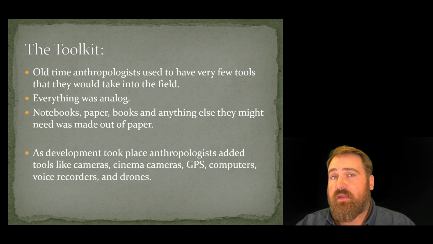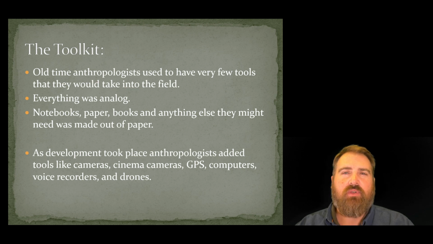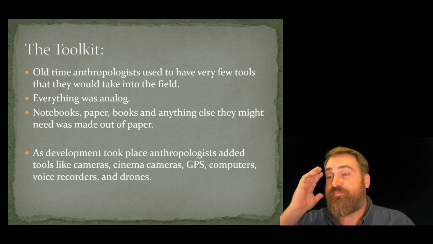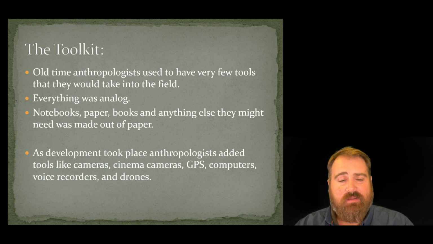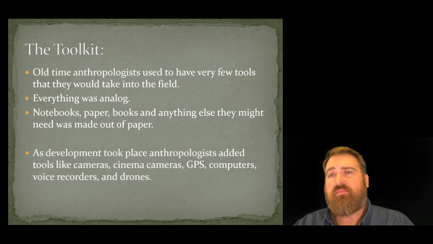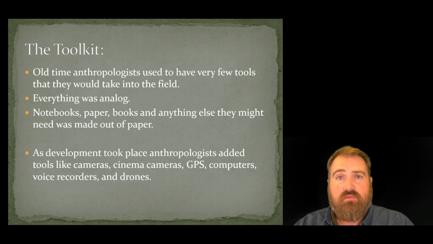You might only bring enough equipment, enough resources to take like 25 to 30 pictures, and then that was it. That's all you had. So you had to be really thoughtful about the kinds of pictures that you were going to take. Right. Books, notebooks, anything else that was made out of paper, right? That was it. That's all you got. And it was your own notes, right?